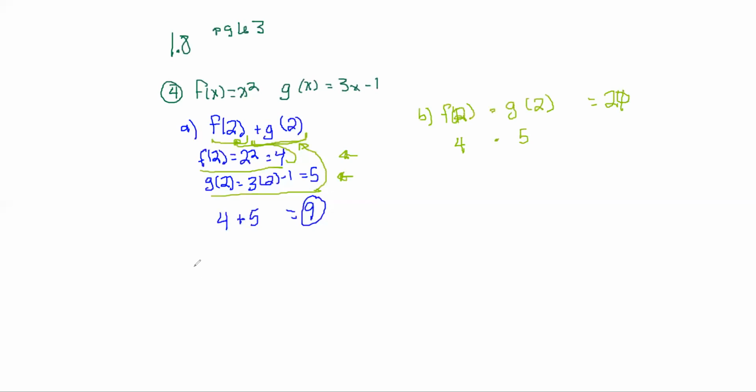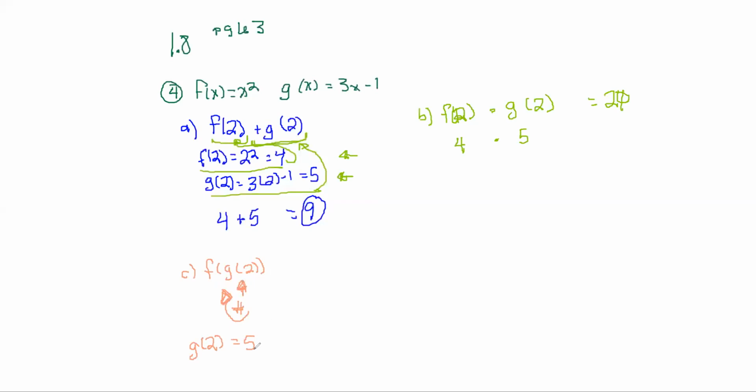Now we're going to do C, which looks like this. F of g of 2. And this notation basically says we're going to start by finding whatever's on the inside, then find what number that is, and put that number into f. So we're going to start by finding g of 2, which we already found. G of 2 is equal to 5.